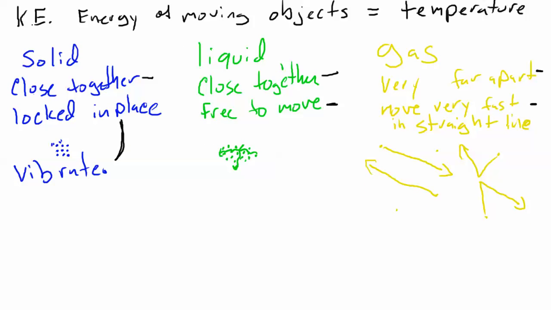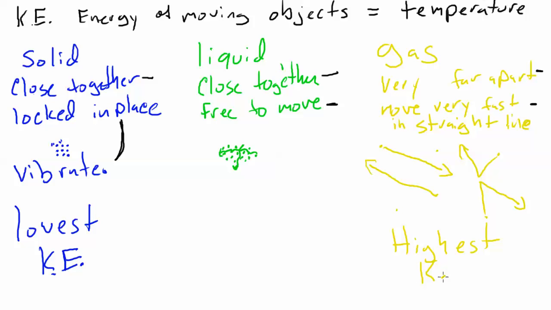The kinetic energy of solids is the lowest, the kinetic energy of gases is the highest, and the kinetic energy of liquids is somewhere in the middle.